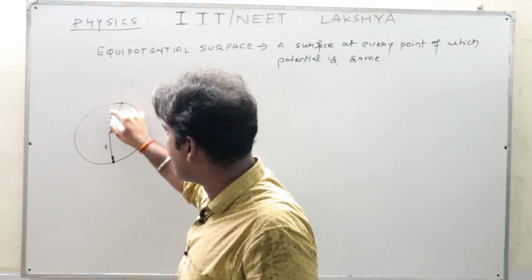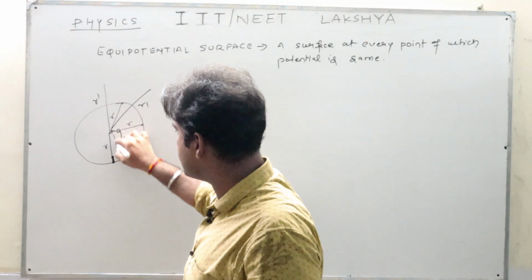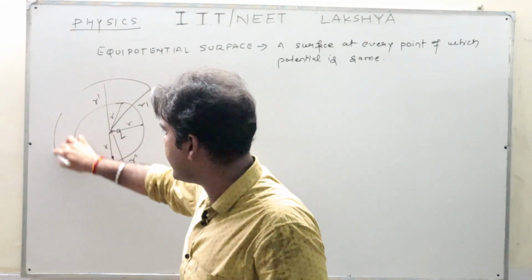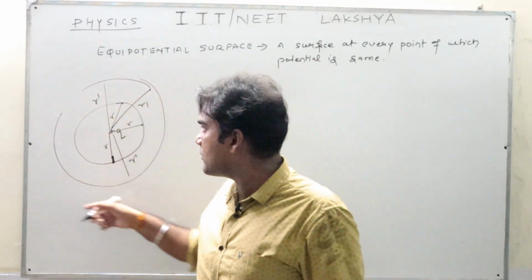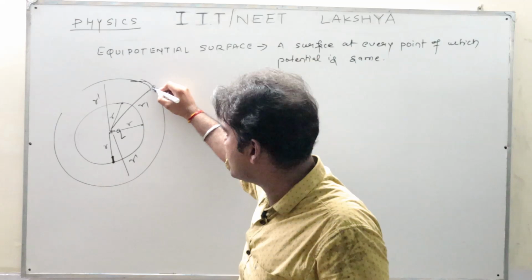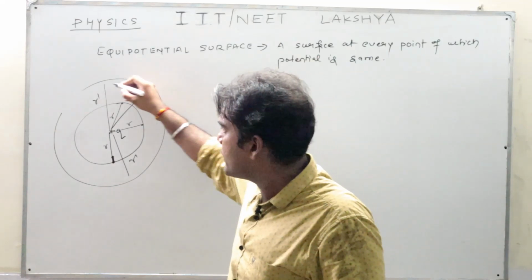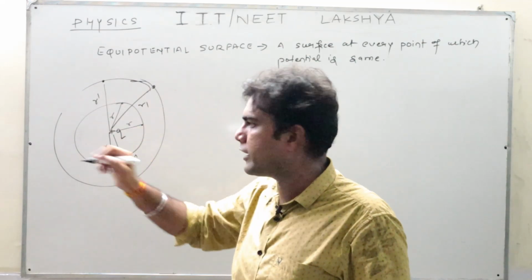Similarly, you can create one more. Suppose instead of R, you go to some other R dash. There also, if you create a sphere, you will get one more spherical surface at which potential will be the same. At this point the potential will be KQ by R dash, here also KQ by R dash.